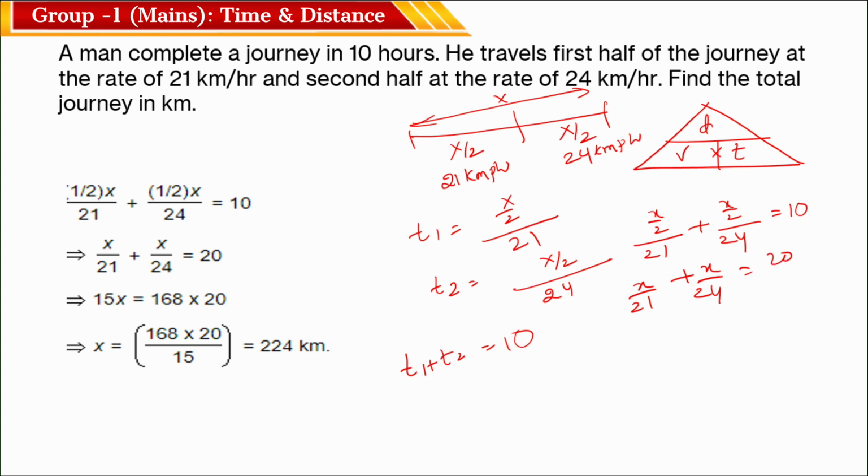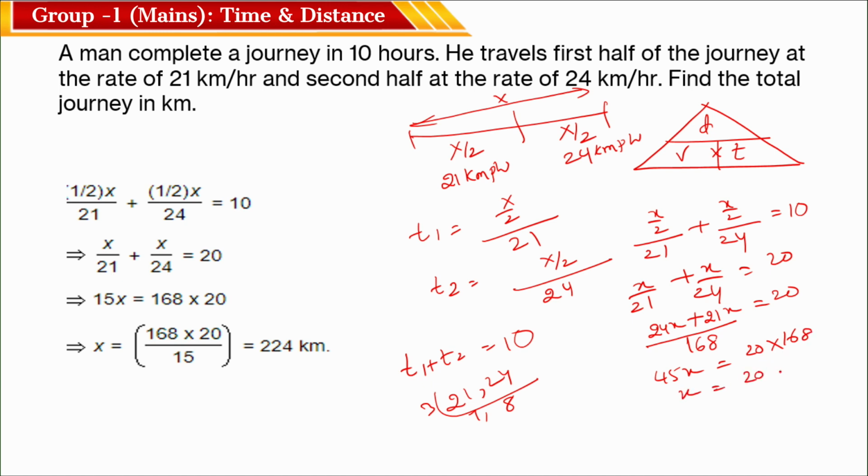So you have to find the LCM of 21 and 24. 21 is 3 sevens, 24 is 3 eights, so the LCM is 3 times 7 times 8, 24 sevens, which is 168. So it is 24x plus 21x equal to 20 into 168, which means 45x equal to 20 into 168, so x is equal to 20 into 168 by 45.